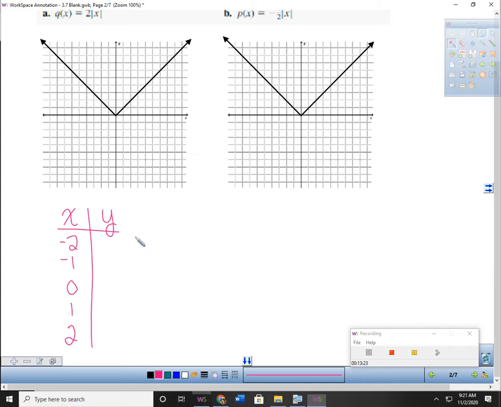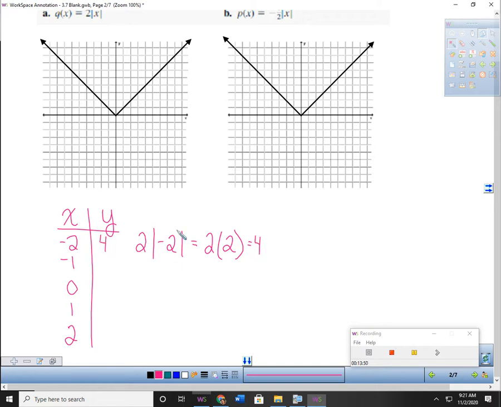All right, so we're going to plug in. We have 2 times the absolute value of negative 2. Remember, you have to do this step by step. So you have 2 on the outside, and then what is the absolute value of negative 2? Positive 2. So now I have 2 times 2, which is 4.